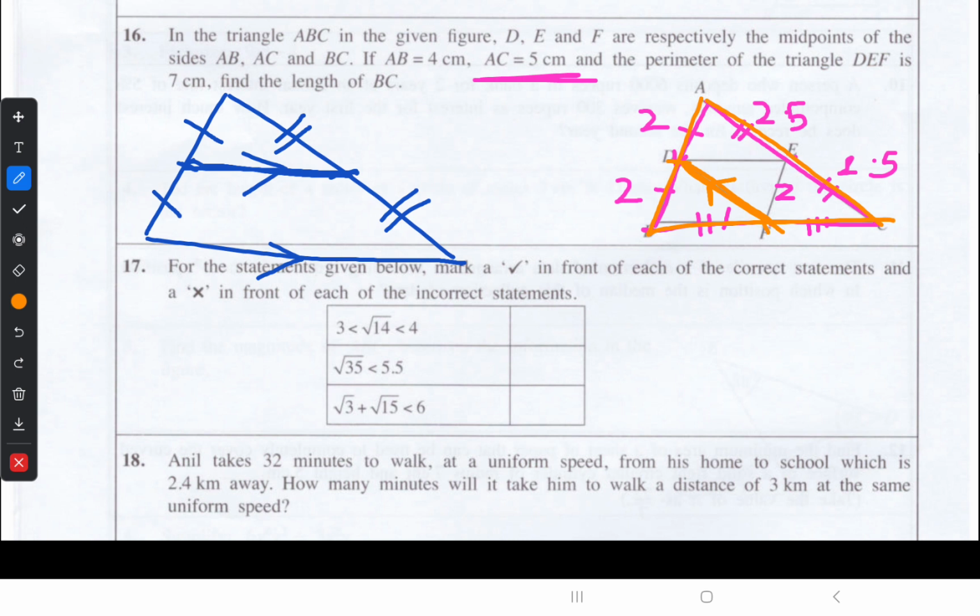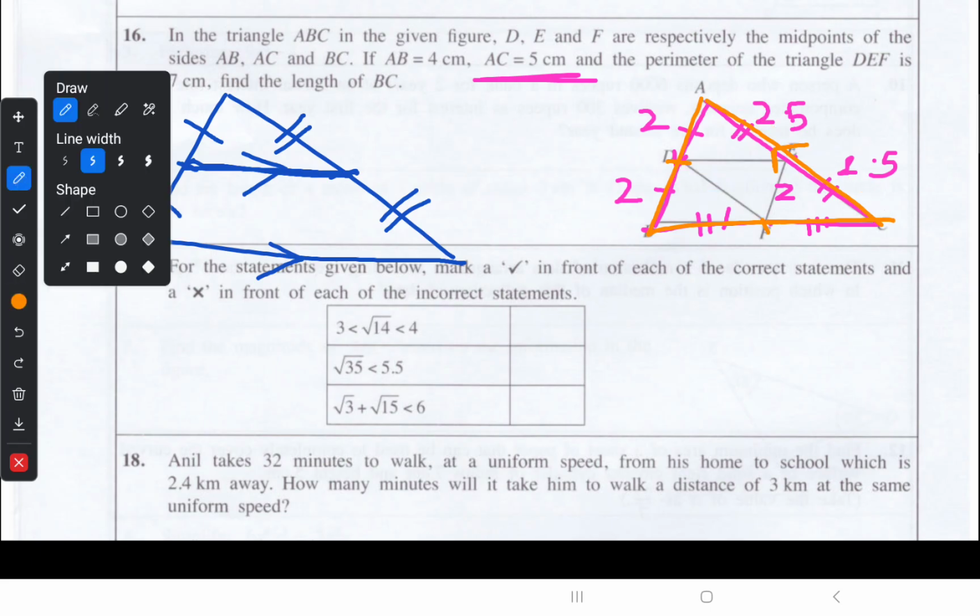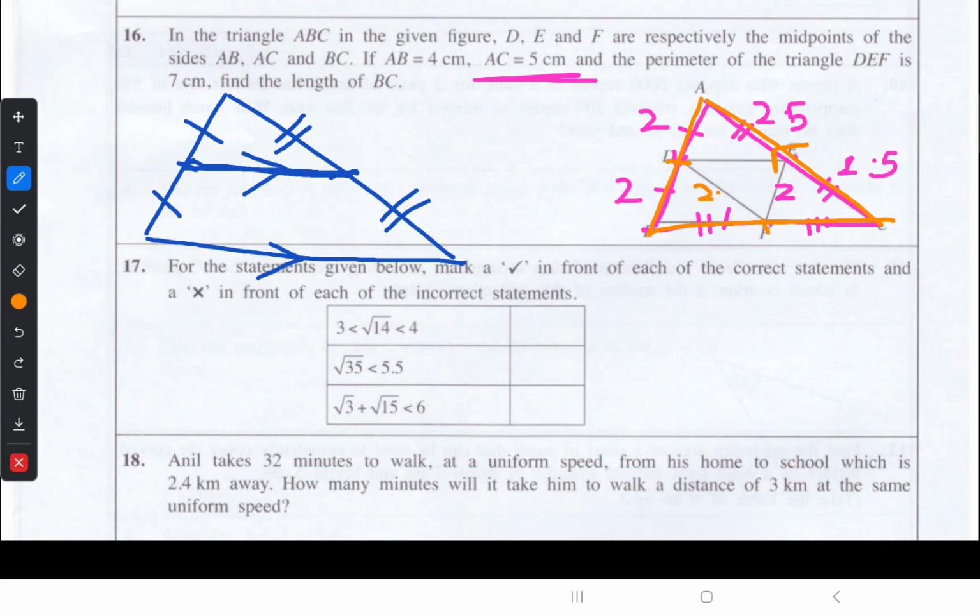These are two midpoints. When we connect these two lines, these should be parallel with the third side and half of its length. Half of its length means, since AC is totally 5 centimeters, this one is 2.5, half of this total length. So this should be 2.5.